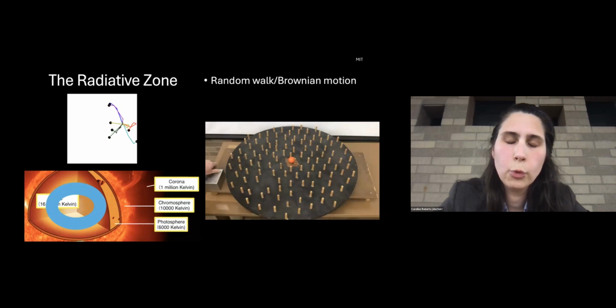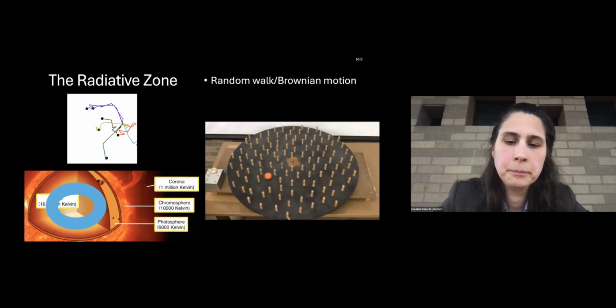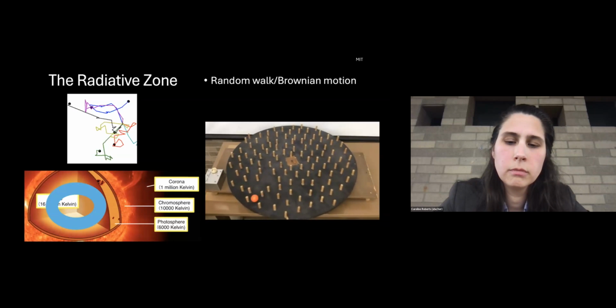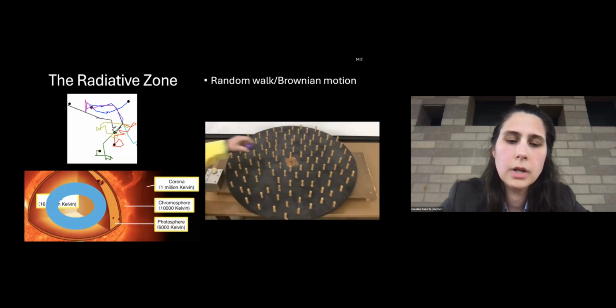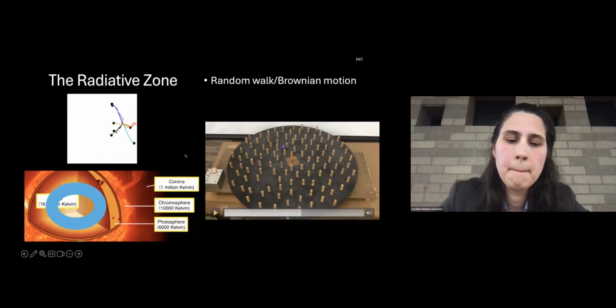It's going to go randomly in any direction until finally it can escape the radiative zone. Sometimes it goes backwards before it goes forwards, until it finally makes it out.